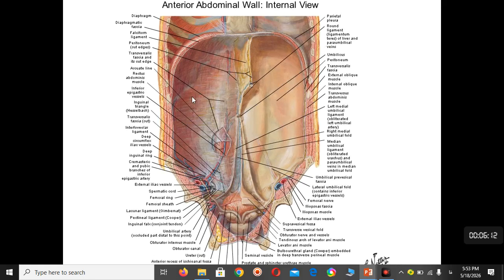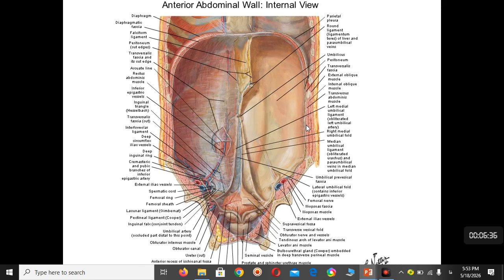Here is the anterior abdominal wall, but this is from the posterior view, from inside the abdomen. You can see here this is the peritoneum. When the peritoneum is removed, here is the fascia transversalis. This is deep fascia, and when removed, we come to three layers of muscle.